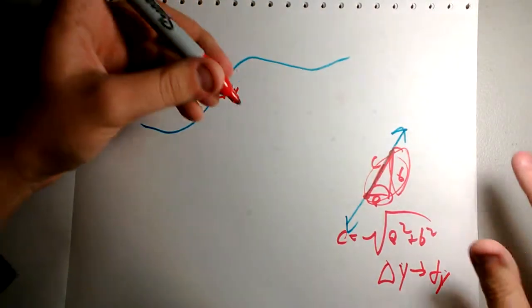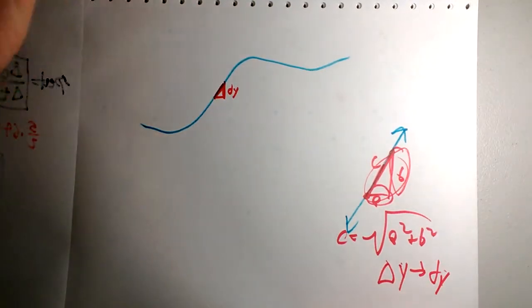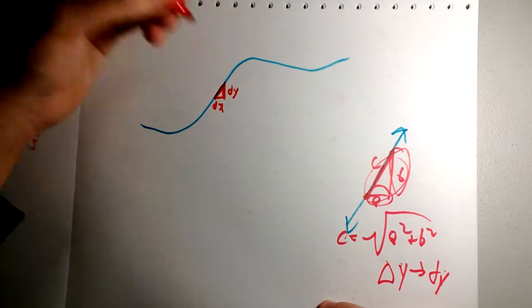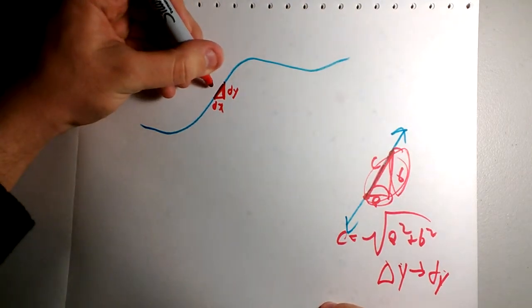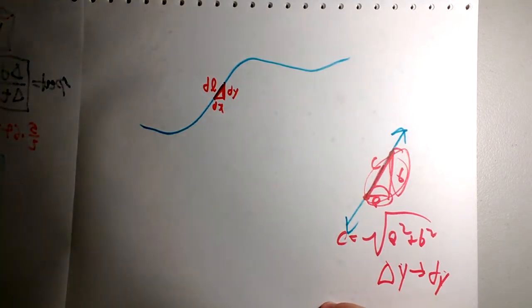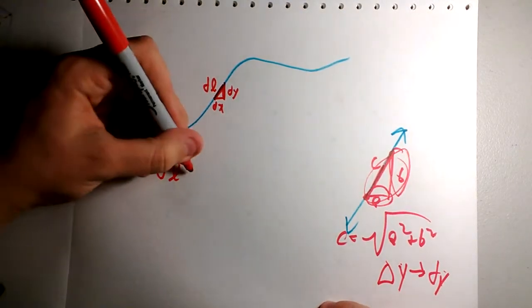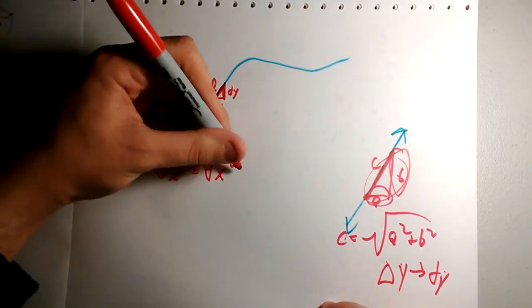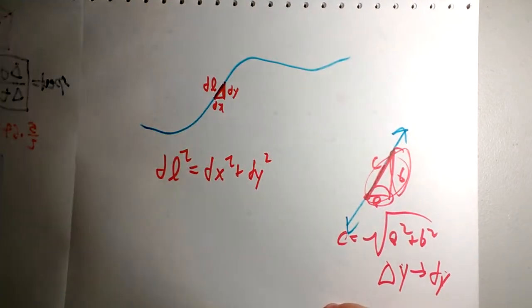That's the differential of y, however you want to think of it. This is the x direction. So let's call this length L, curly L, dl. So what does dl equal? Well, dl squared equals dx squared plus dy squared.